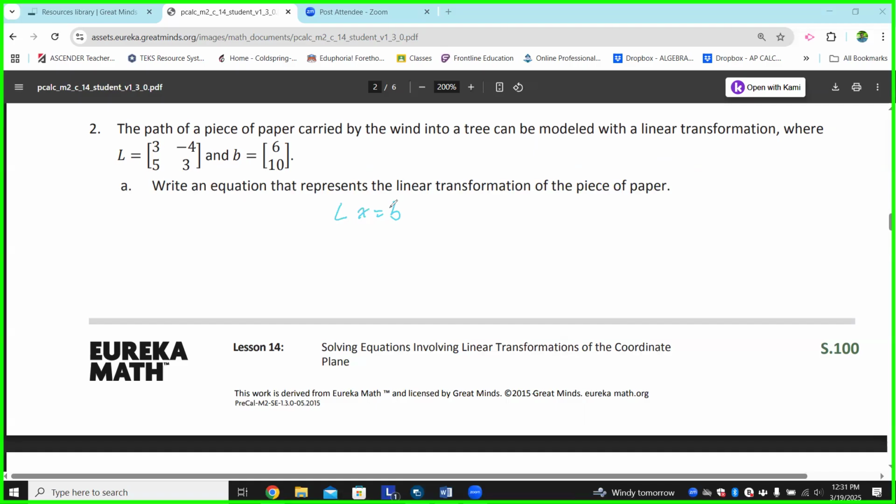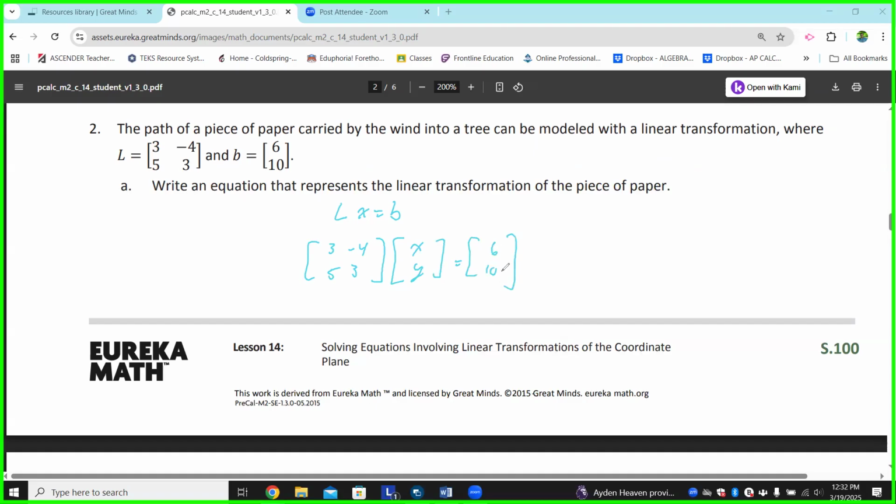All right, do we have the answer? This is simply just going to be 3, -4, 5, 3. What does X represent? X and Y. And then my B was given to me as 6 and 10.